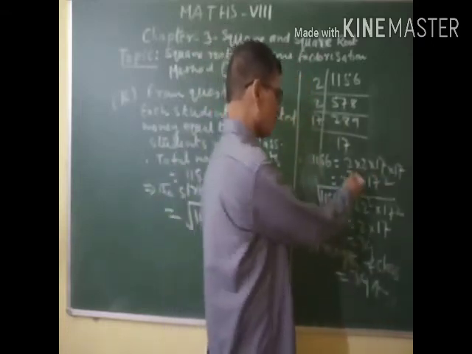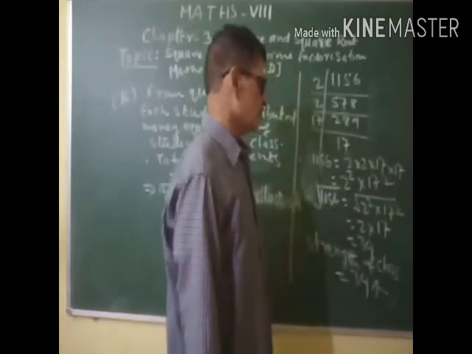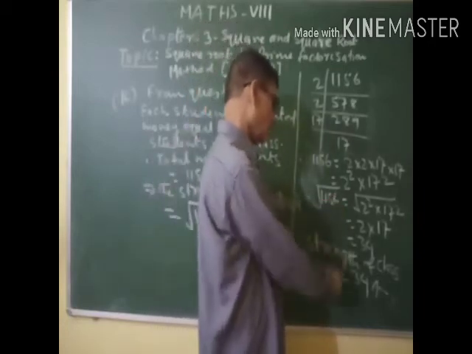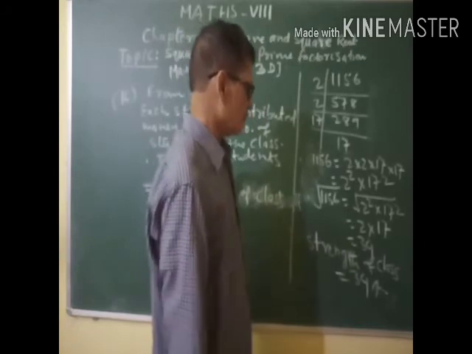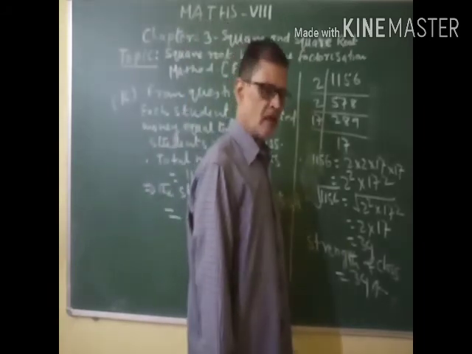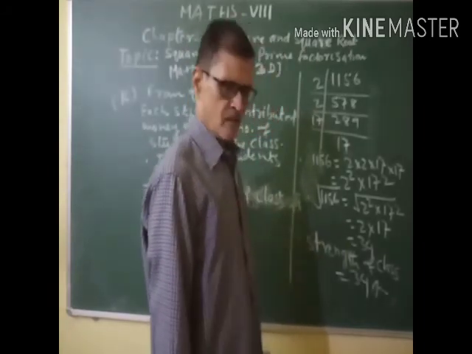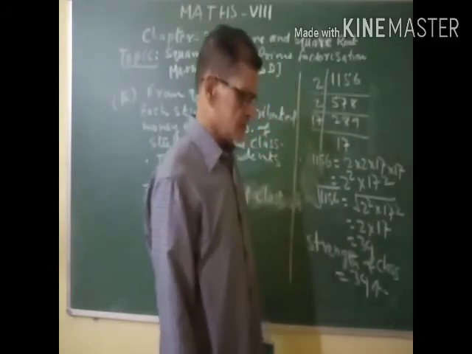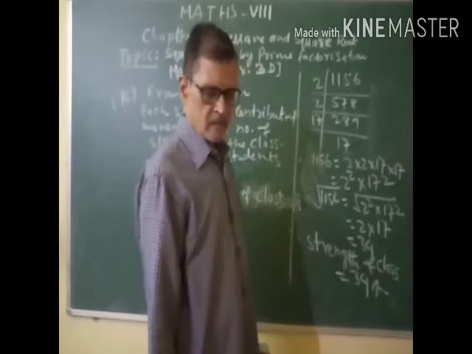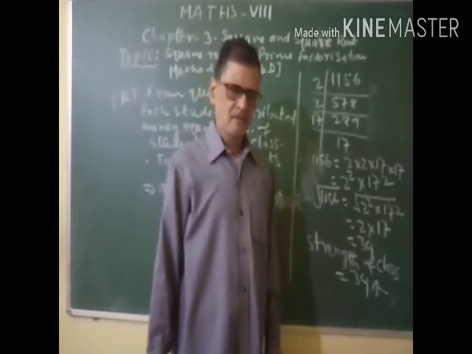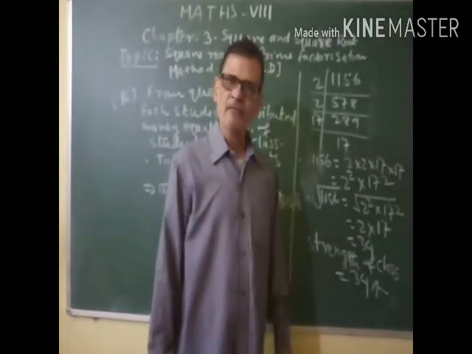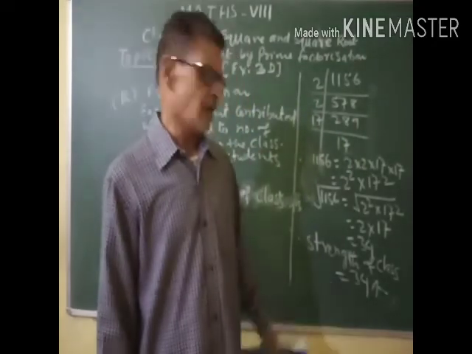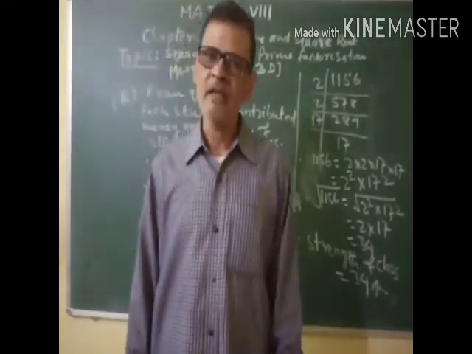Write it in square form, 2 square into 17 square. Therefore the square root of 1156 equals under root 2 square into 17 square, and that will be equal to 2 into 17, that is 34. Certainly the strength of the class will be 34. Means the number of students in the class will be 34.